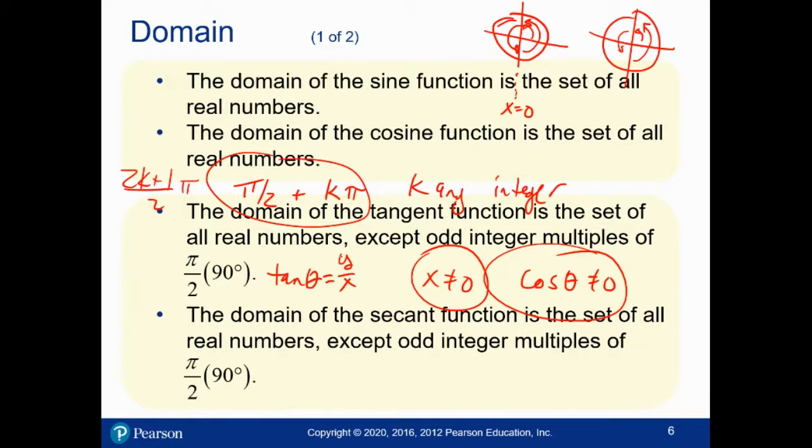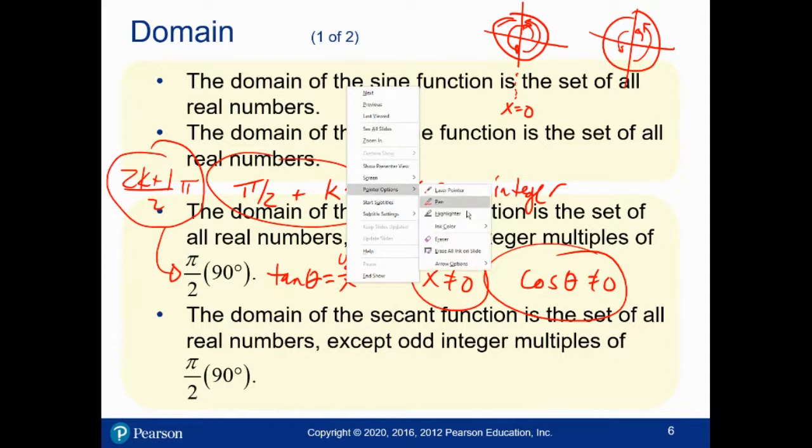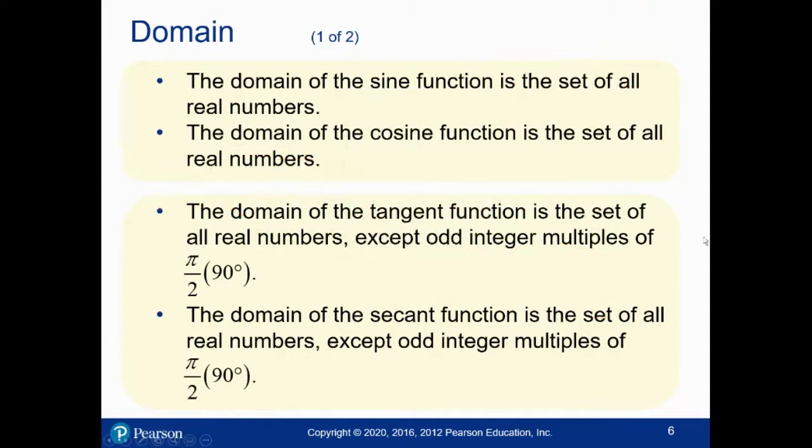So the domain of tangent is everything except where cosine is 0. Cosine is 0 at an odd number over 2 times pi. The domain of the tangent function is all real numbers except odd multiples of pi over 2. That also applies to the secant function.